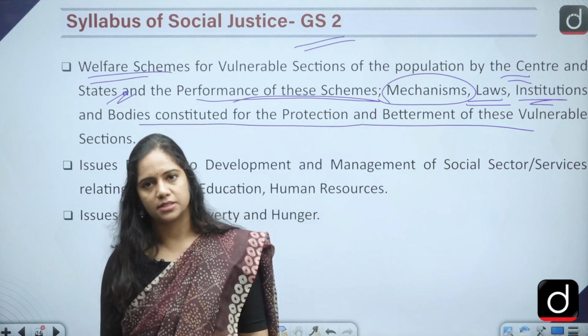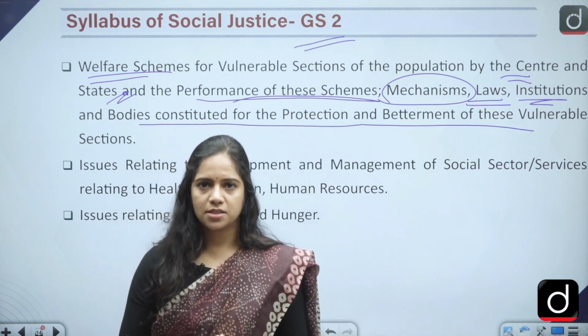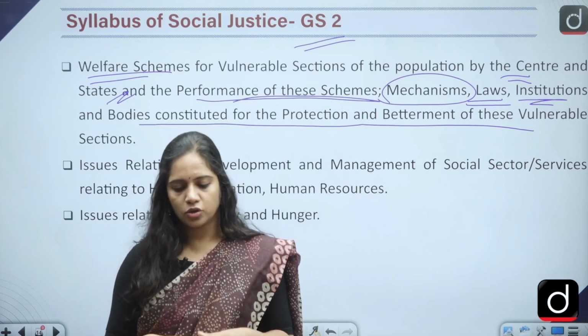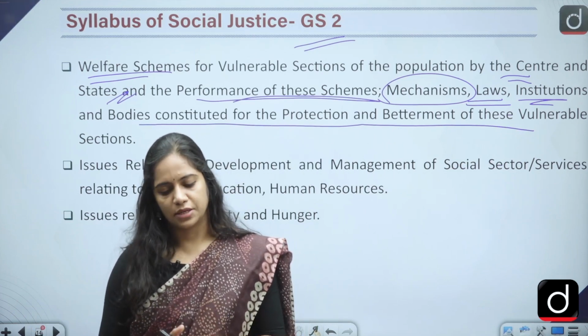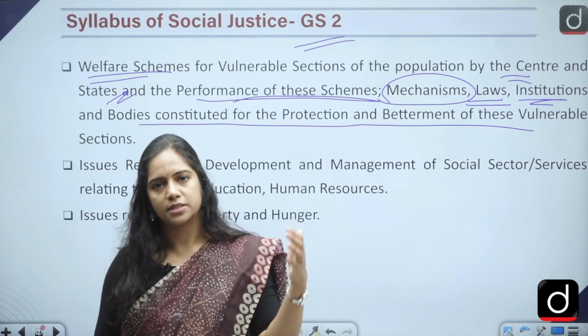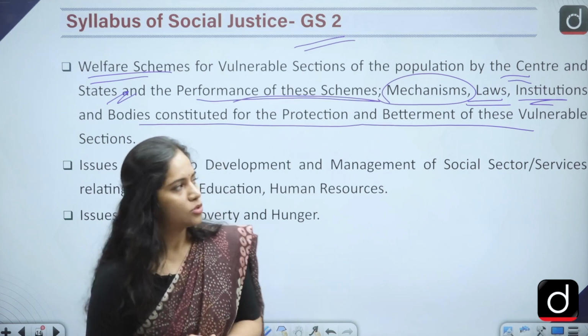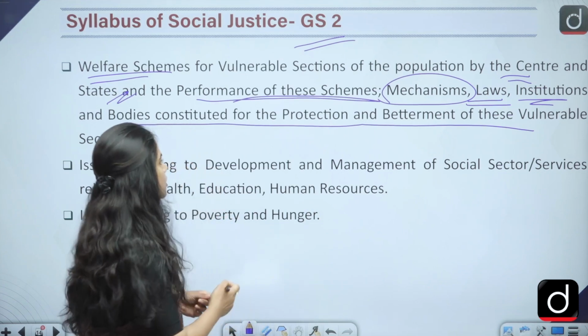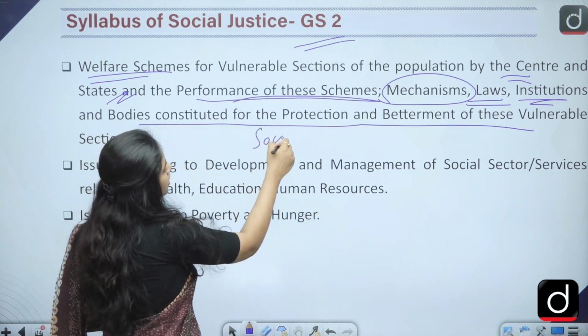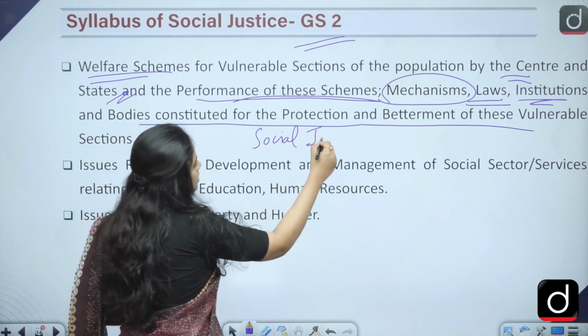So whatever the state is doing in its capacity to ensure equitability to all its citizens, and when I say all its citizens, the focus is more towards the deprived section of the people, the marginalized, then it would constitute part of social justice. This is not economic justice, it is social justice.